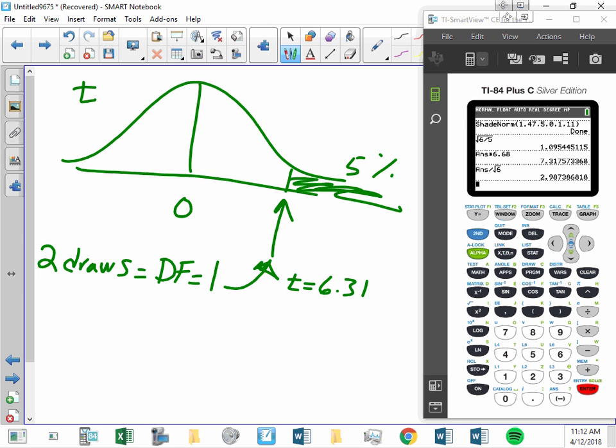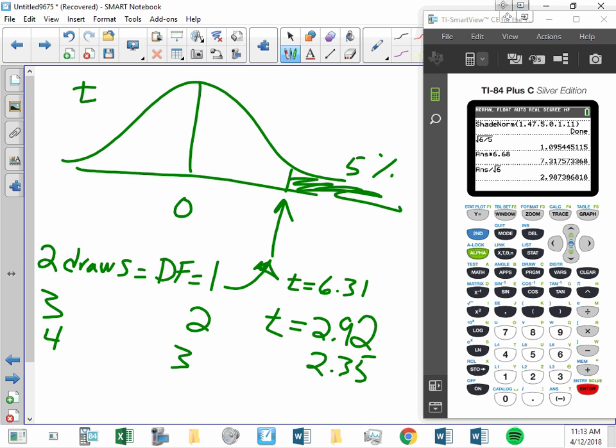Okay? What if you take three samples? That would be 2 degrees of freedom, and t equals 2.92. Wow. So the difference between two draws and three draws is huge. Okay? What about four? So 2.35. Okay, let's jump up.